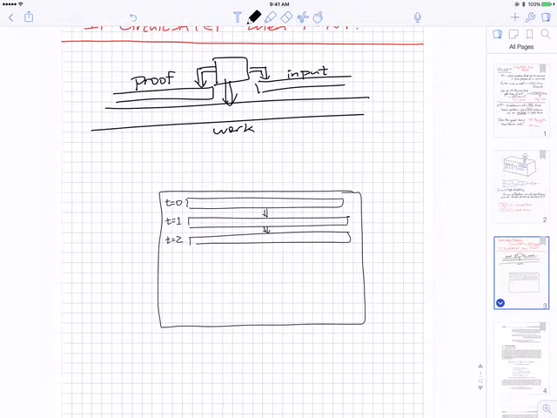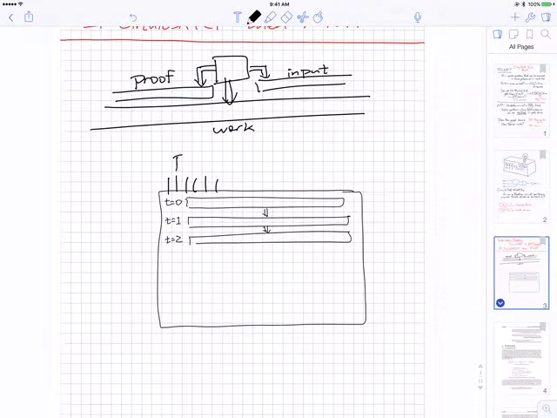The inputs that come in are over here, the contents of the proof tape, and over here, the contents of the input, and down here, either a 1 or a 0. And then this is all encoded by the Turing machine itself.